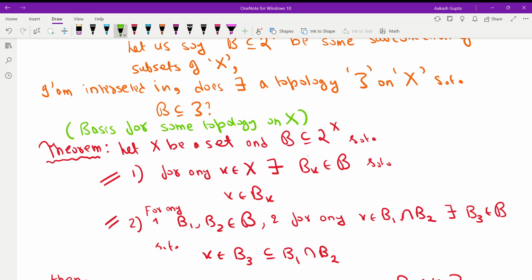Because you haven't started with a topological space here. You have started with a subcollection and you are constructing a topology ultimately for which this subcollection is a basis, with these two special properties. We will be looking into examples, so don't worry. But first let us prove this theorem.